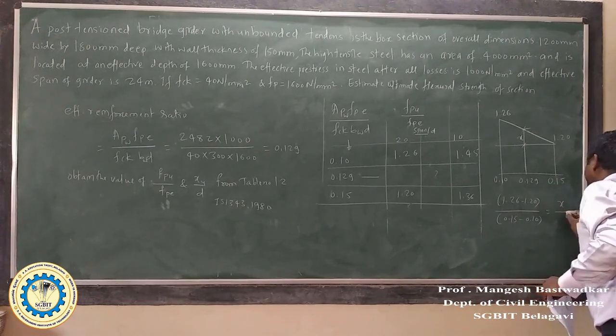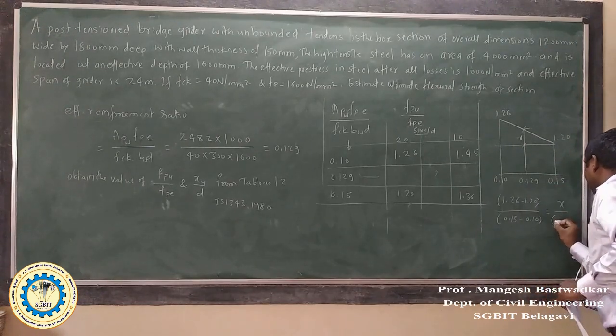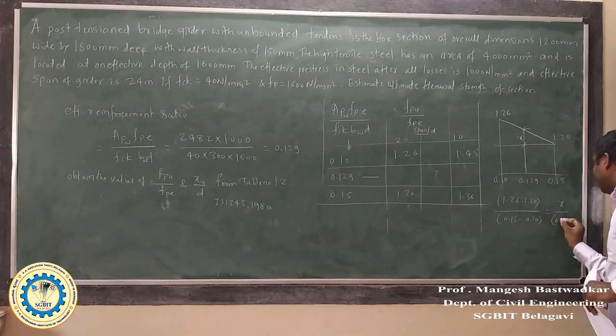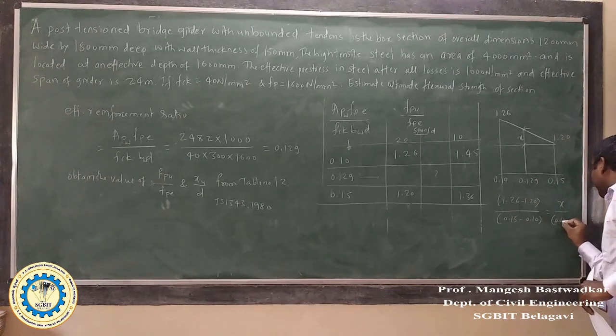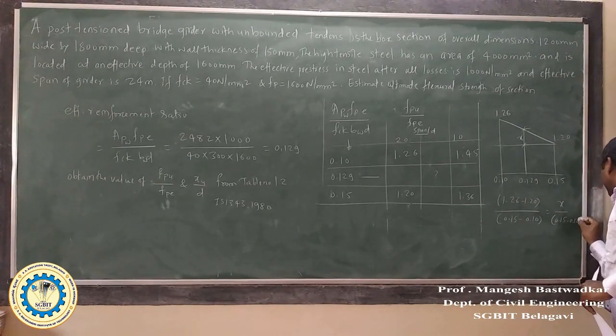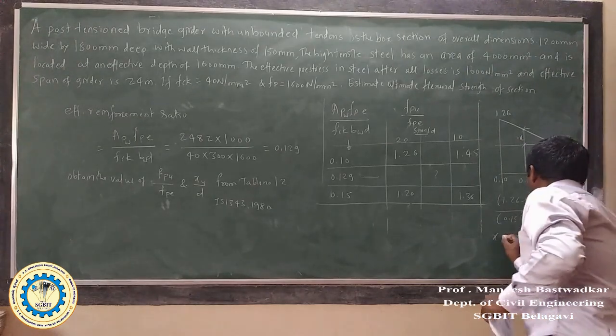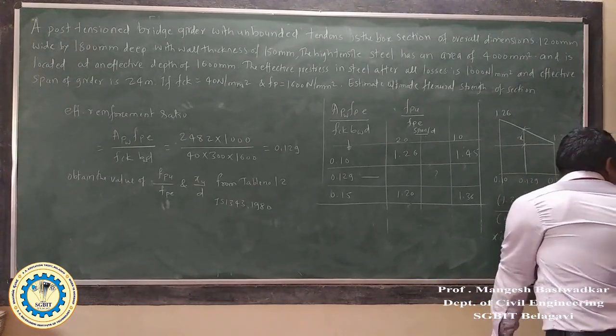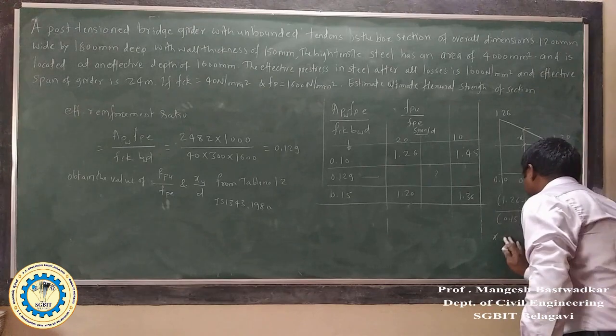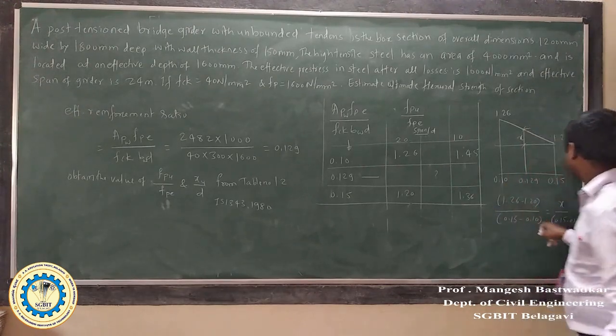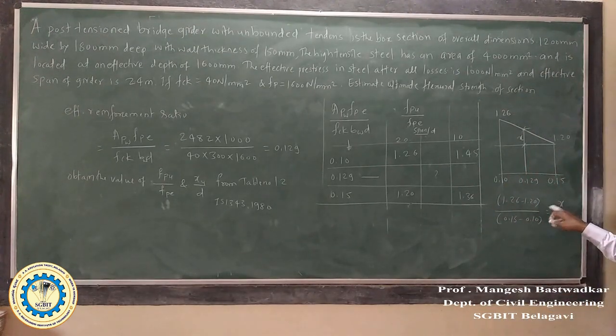So this x divided by base is 0.15 minus 0.129. So we'll get the value of x. You can calculate the value of x here, multiply here, then you'll get the value of x.